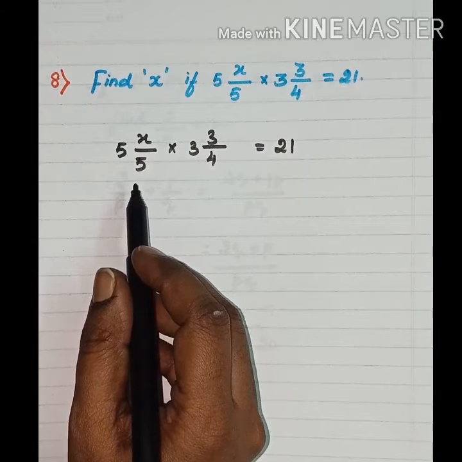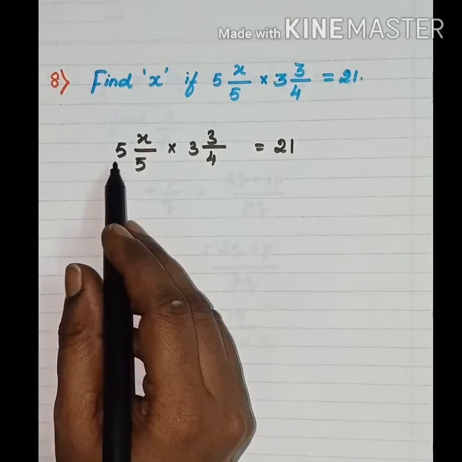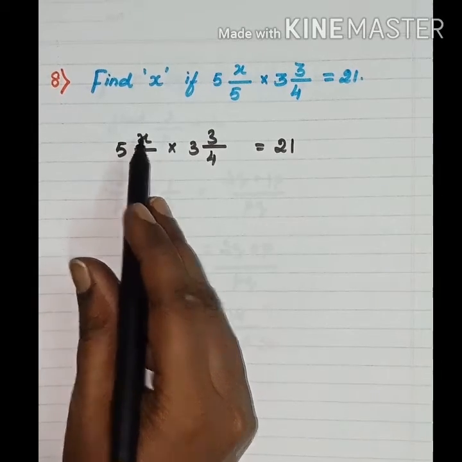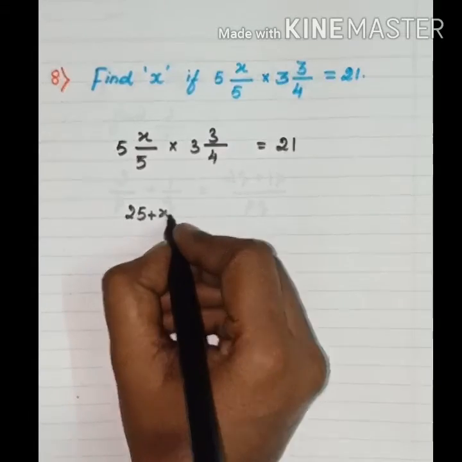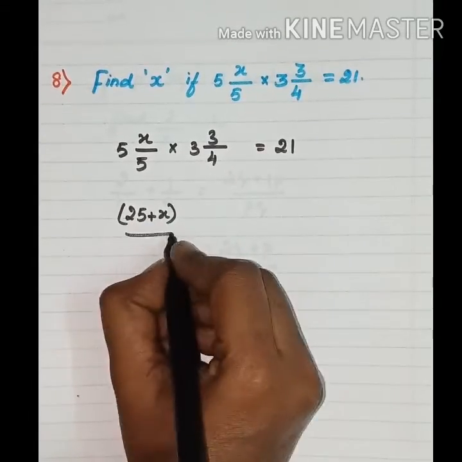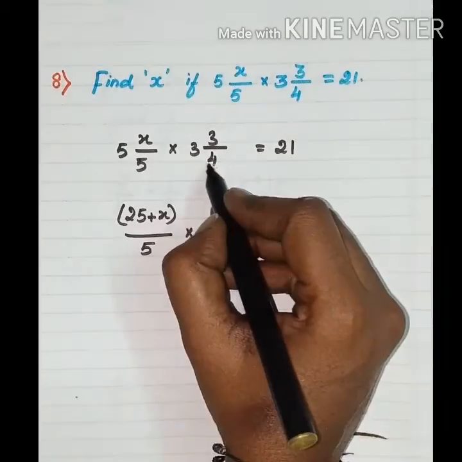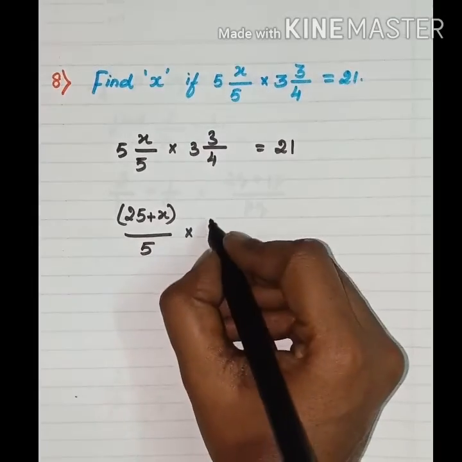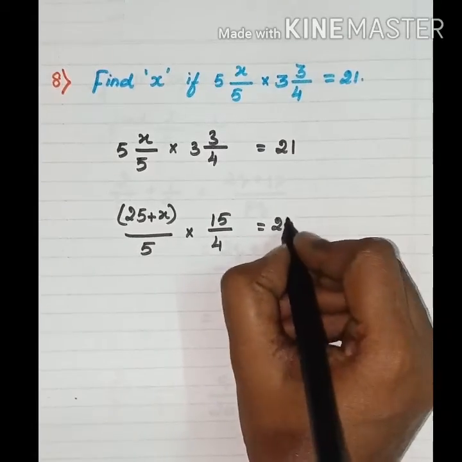We have to convert them into improper fraction. 5 5s are 25. 25 plus x by 5 into 3 4s are 12. 12 plus 3 is 15 by 4 is equal to 21.